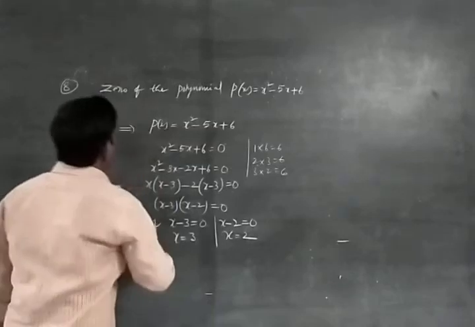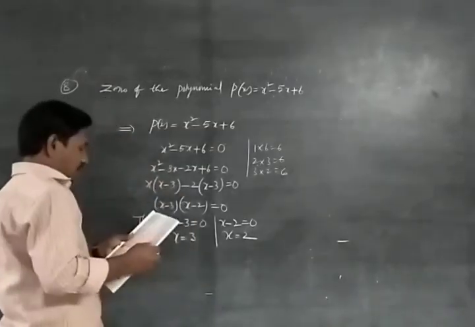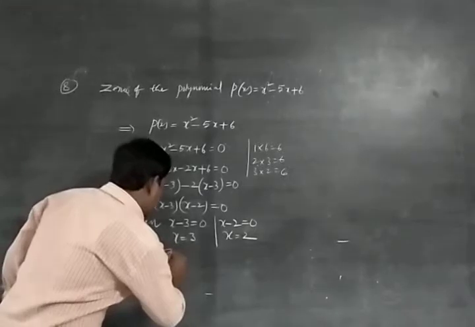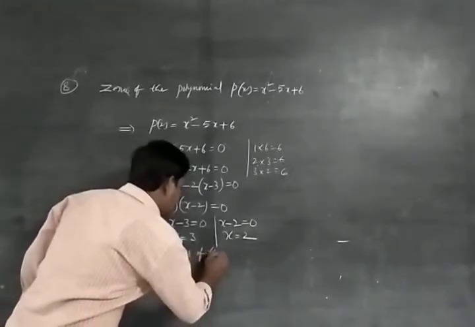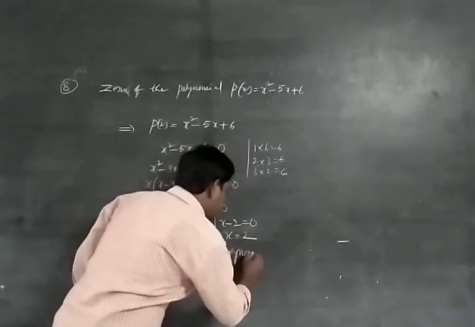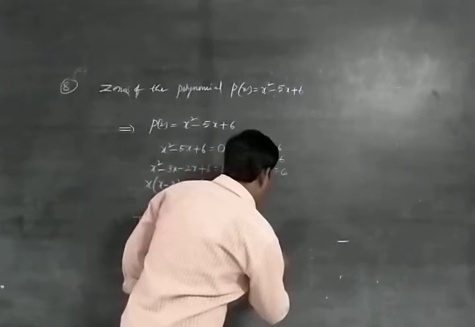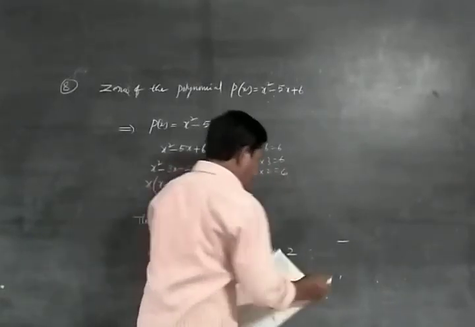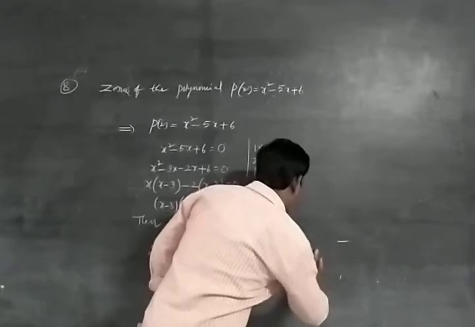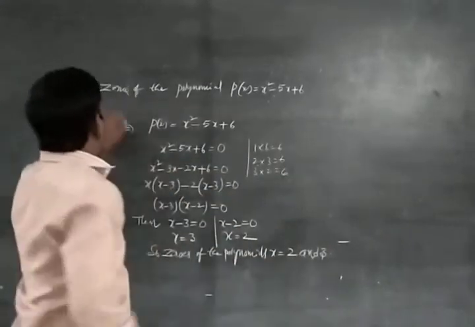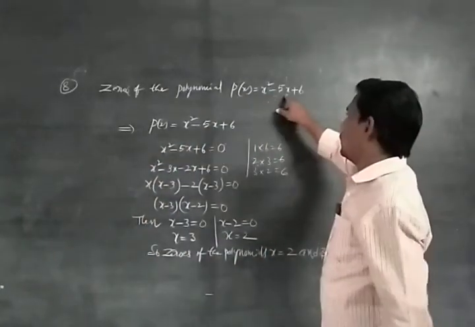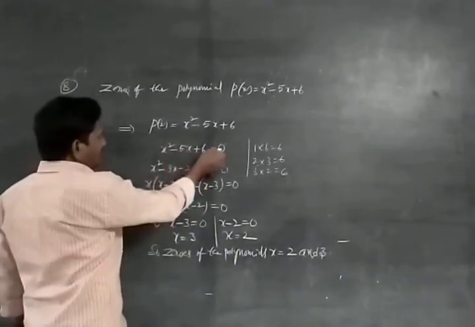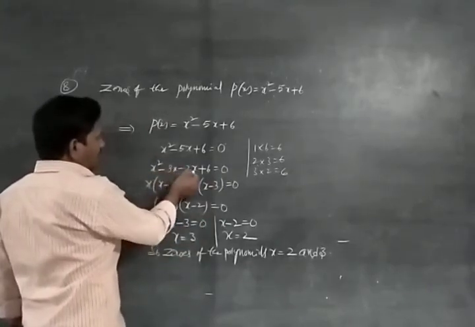So the zeros of the polynomial p of x equal to x square minus 5x plus 6 are x equal to 2 and 3. Okay, p of x equal to x square minus 5x plus 6. x square minus 5x plus 6 equal to 0. x square minus 3x minus 2x plus 6 equal to 0.